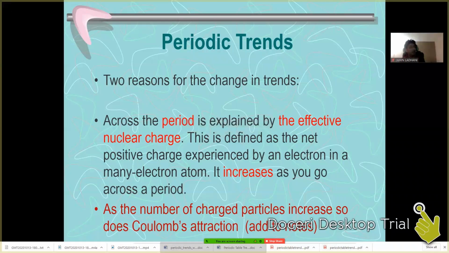Most of this slide is a repeat, but you do need to add this part right here. And it's a little bit out of order. This part needs to be added under effective nuclear charge, which is number 2. So as the number of charged particles increases, which is what's happening as I move across a period, Coulomb's attraction also increases.